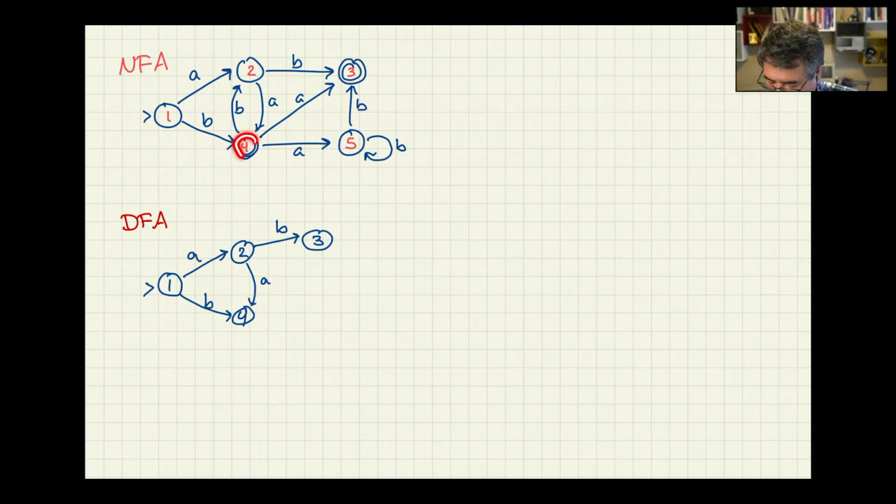Now, if we're in 4, what do we see? Take a look at our diagram. What do we see coming out of 4? Well, we know there's a B, and we know there's an A, but there's 2 A's. So B goes to 2. But where does A go?